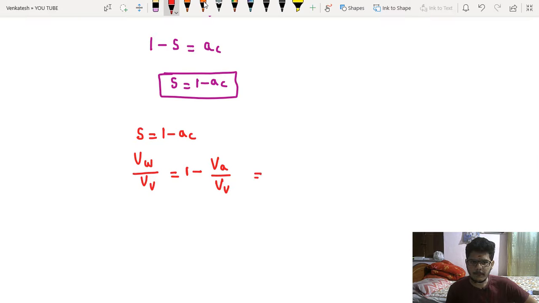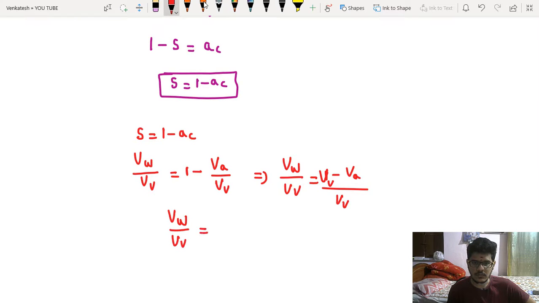So VW by VV is equal to 1 minus VA by VV, taking VV as the LCM, VW by VV is equal to VV minus VA by VV, that is VA plus VW minus VA by VV.